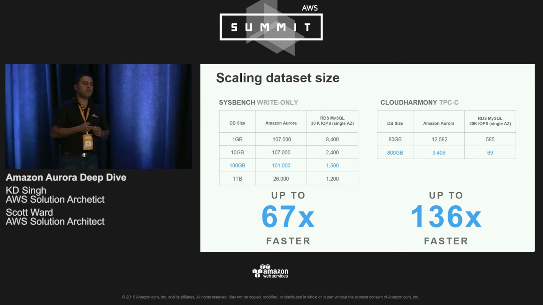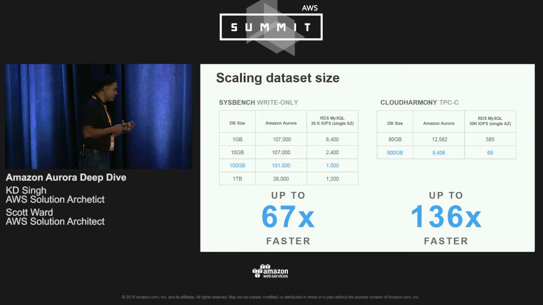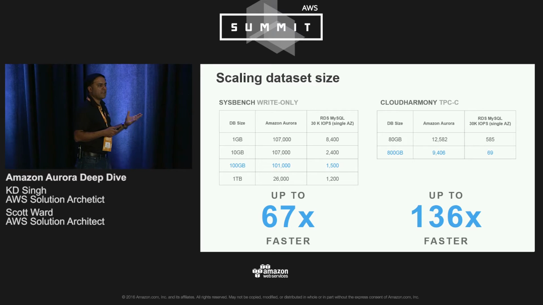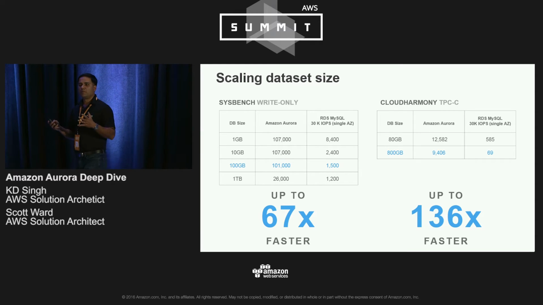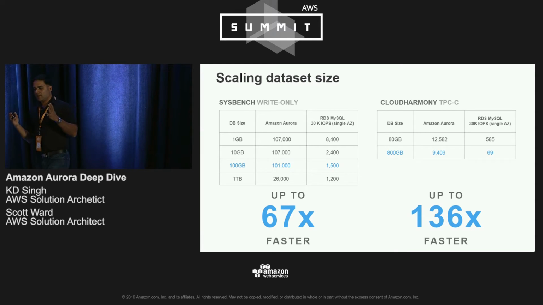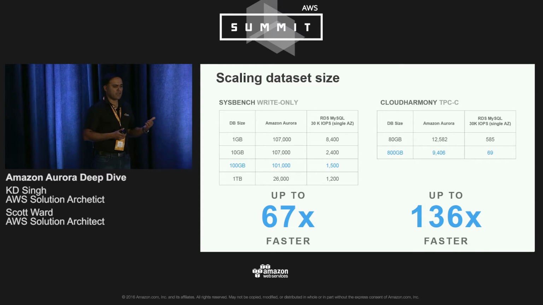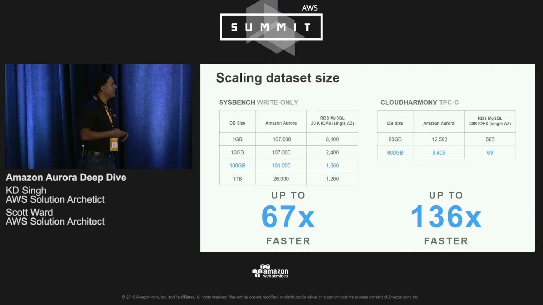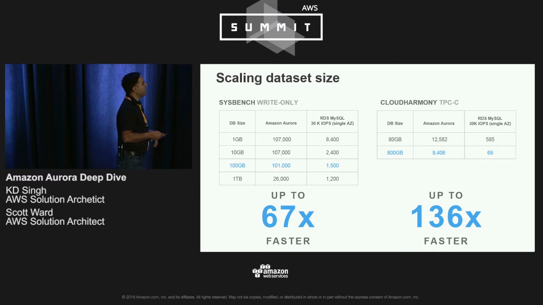The next experiment was, what if your data is bigger than the buffer cache? So we started with a gigabyte data set, data volume, which would pretty much fit in most commercial caches out there. But then we scaled it up to a terabyte, and when we saw what happened, Aurora performance went down.